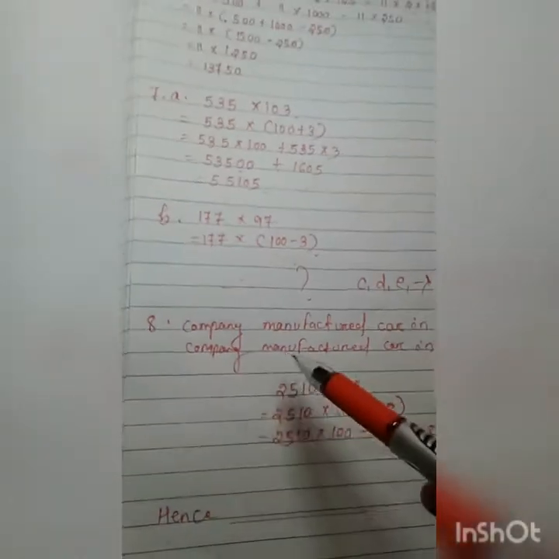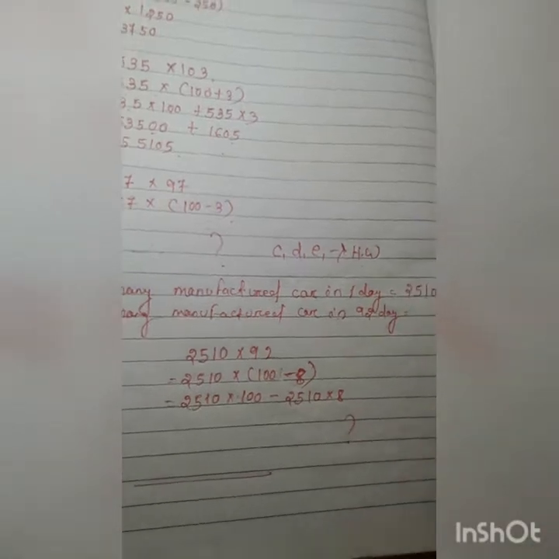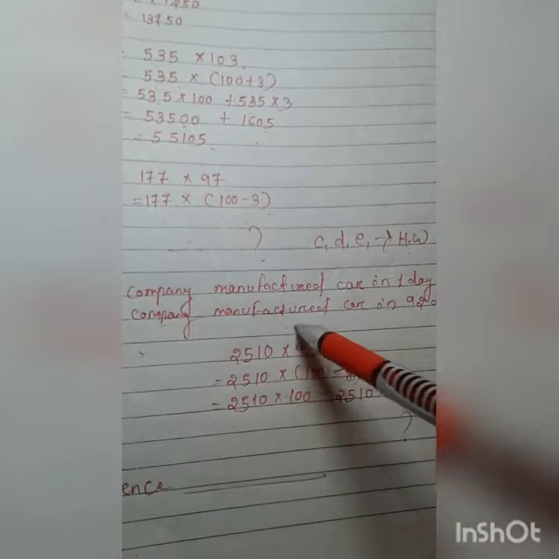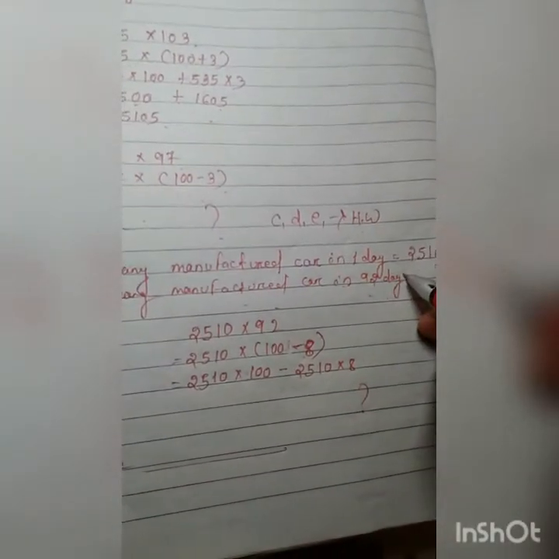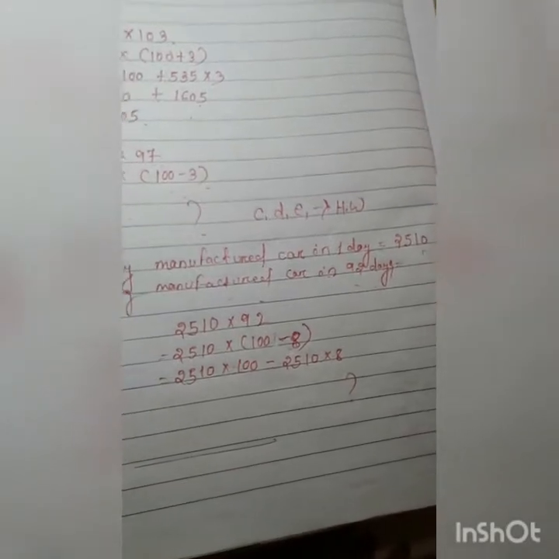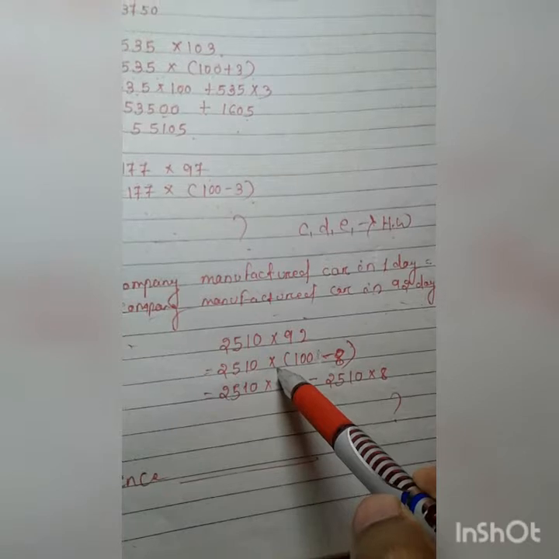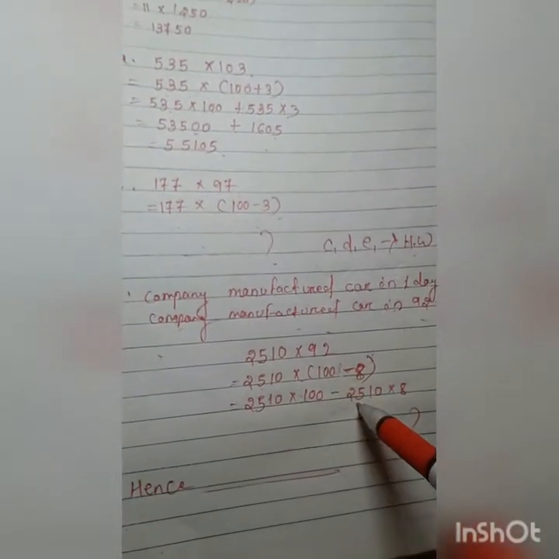See the solution. The cars the company manufactured in one day are this much. Then the cars manufactured in 92 days: what do you do? Here you do the multiplication, but you apply distributive law.